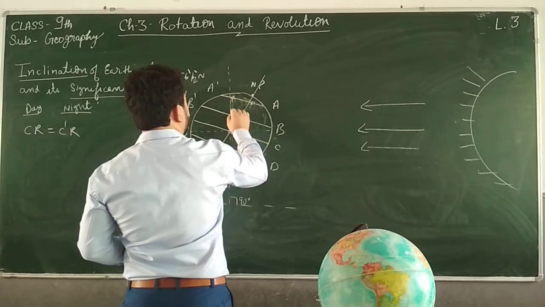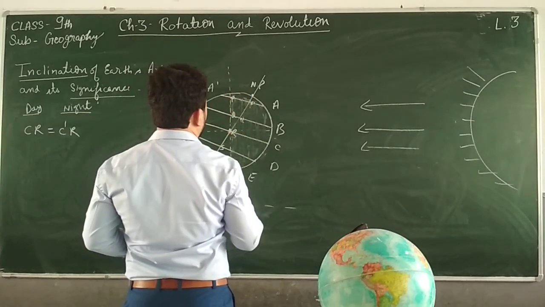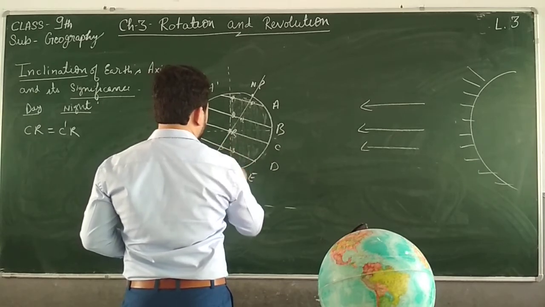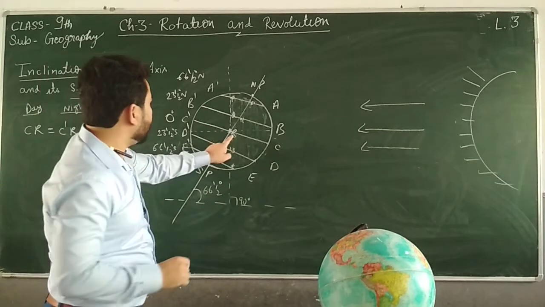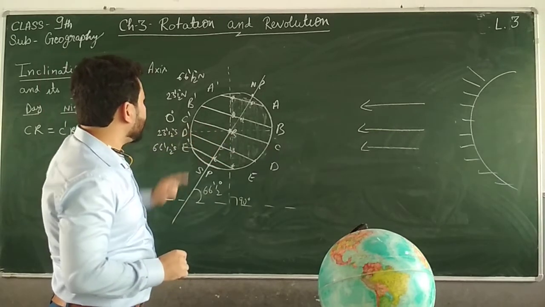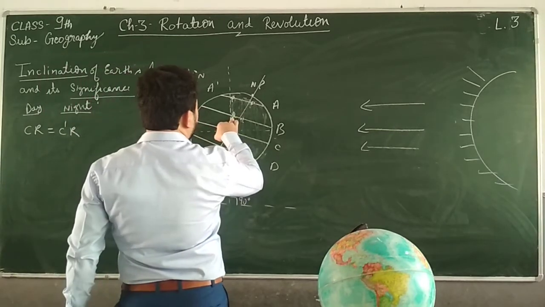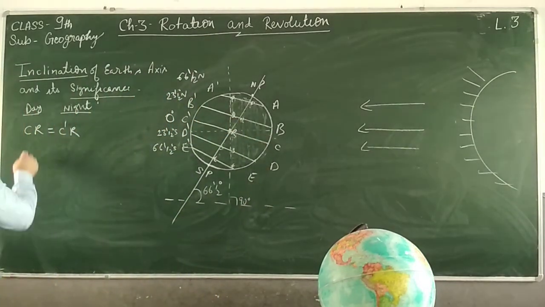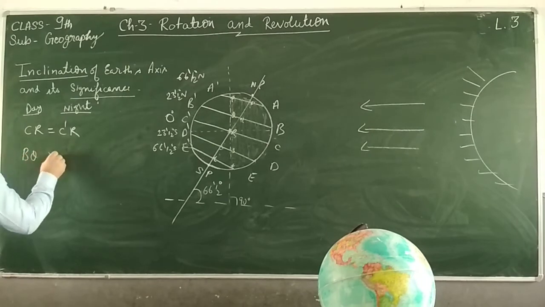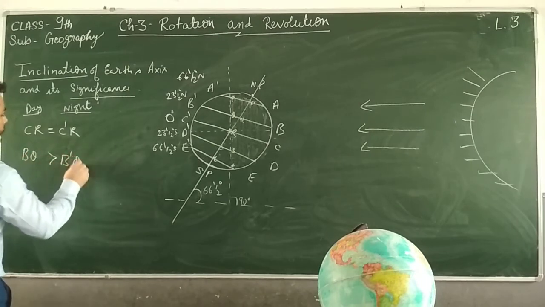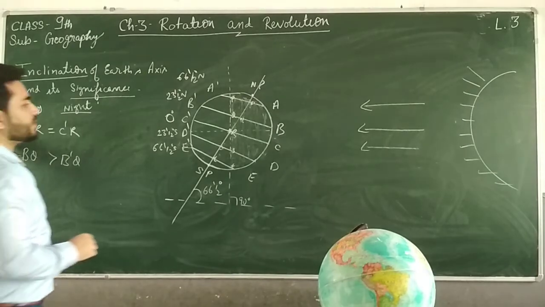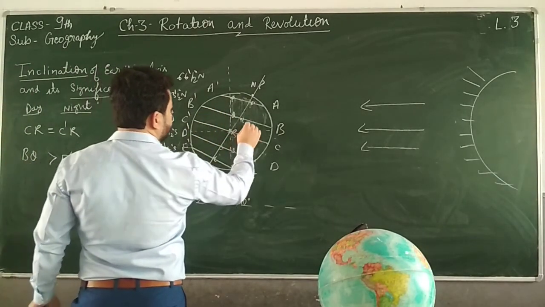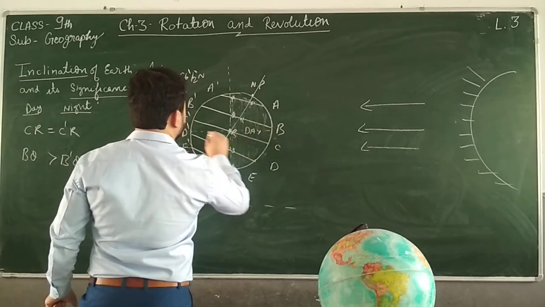This is P, this is Q, this is R, this is S, and this is T. Clear? So CR is equal to C dash R, and here you can see the length of BQ is more than the length of B dash Q. BQ is greater than B dash Q. So here you can say the duration of day is longer than the duration of night. This is day and this is night.